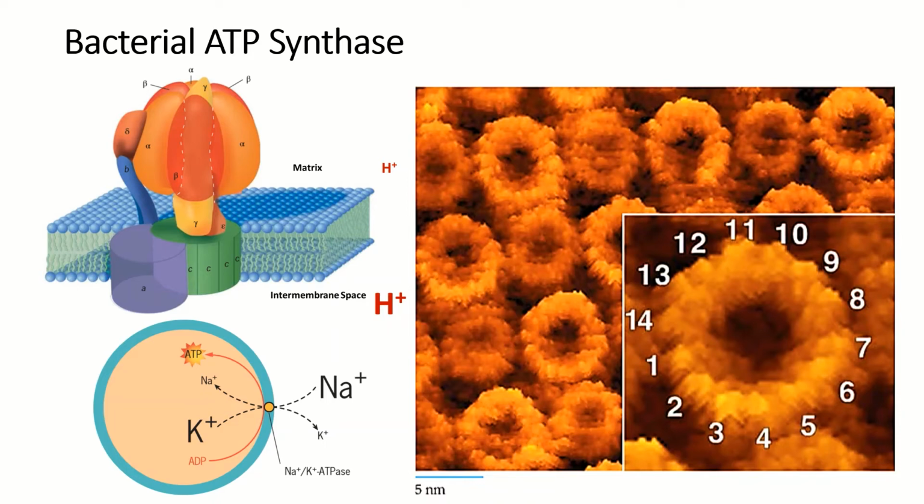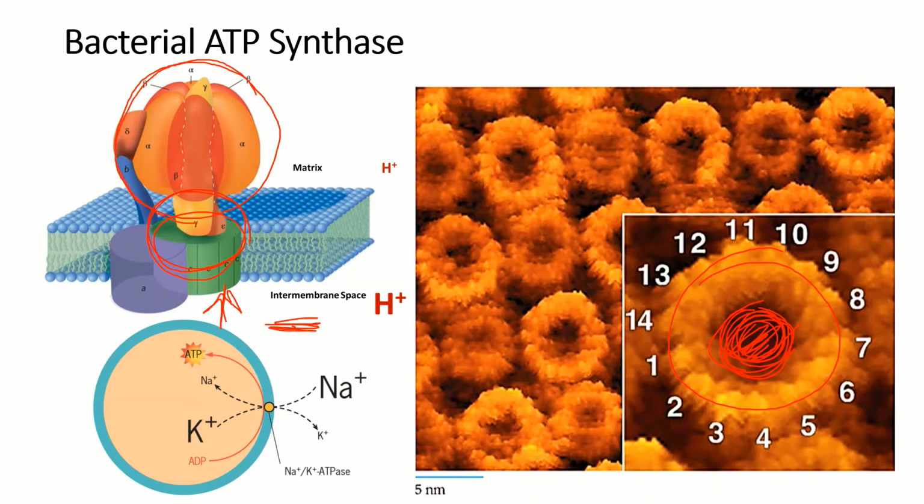So say you view the complex from here, from the bottom, you would see this ring-like structure here colored in green. And here is a passageway for the hydrogen ions. And this is also where the shaft is for this rotating portion of the ATP synthase, this center portion.